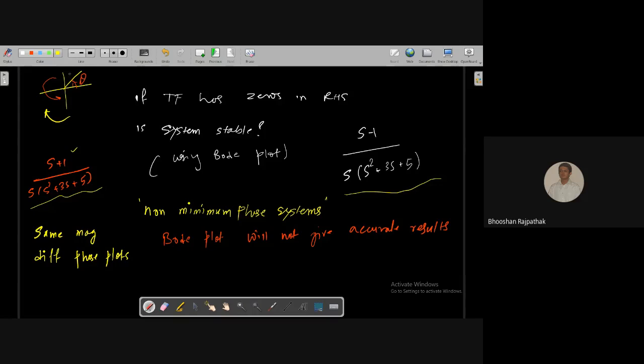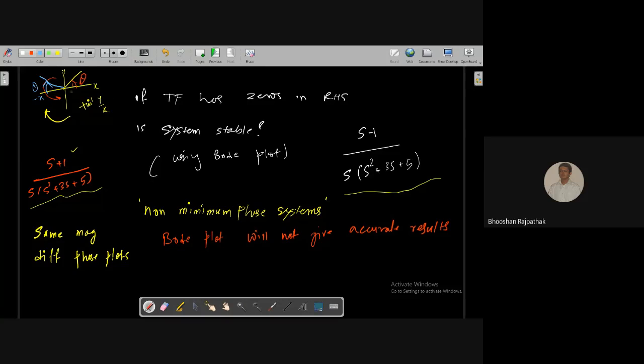So if theta is the angle, then tan inverse of y by x, both are positive, that will give us positive angle. But let's say if I am asking you to measure this angle, this is my theta. Now here x is negative, this is minus x, and y is positive.